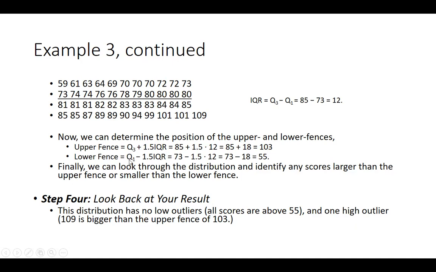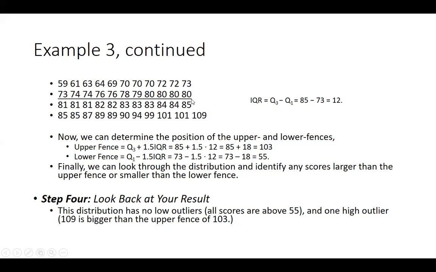The lower fence, we're going down from the 25th percentile, so Q1 minus 1.5 times IQR. That's 73 minus 1.5 times 12, which is 73 minus 18, which is 55.